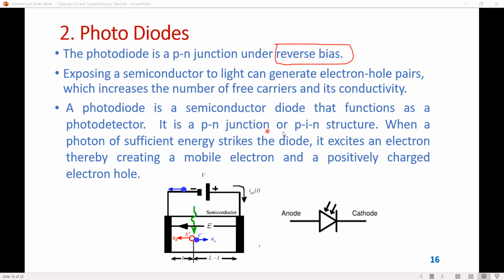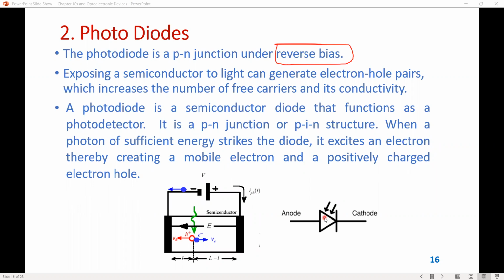It is a PN junction or PIN structure. PIN: P-type, intrinsic, that is pure semiconductor, then N-type. When a photon of sufficient energy strikes the diode, it excites an electron, thereby creating a mobile electron and a positively charged electron hole. So this is the operation of the photodiode.